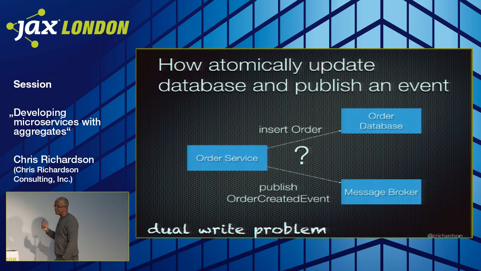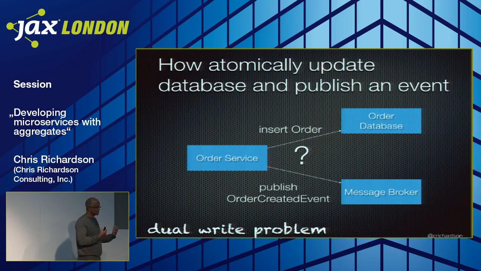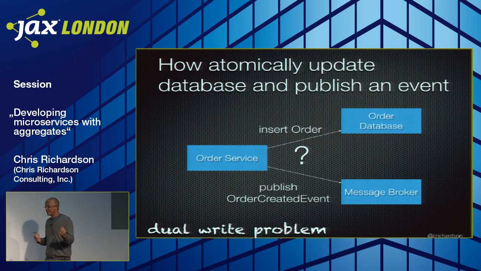But there's also an interesting technical problem with implementing this approach. Namely, in order for it to be reliable, you have to atomically update the database and publish a message. In essence, that needs to be done as a transaction. And it's equivalent to needing a distributed transaction that involves the order database, in this case, and the message broker.